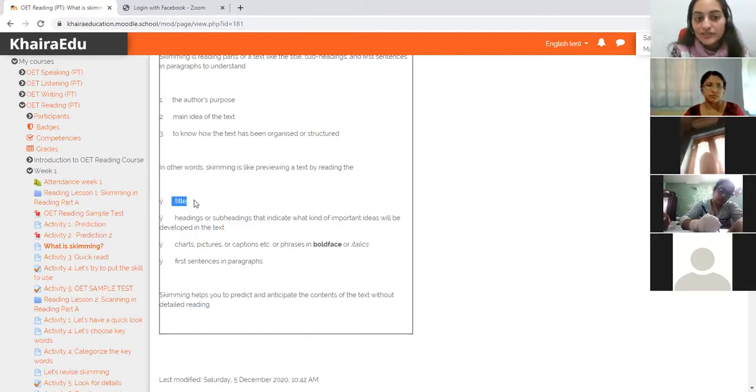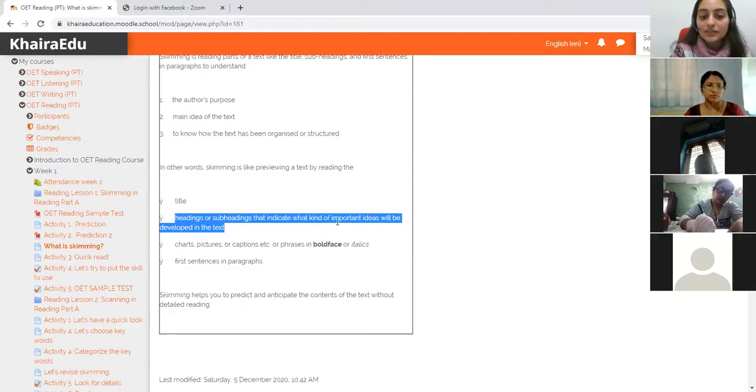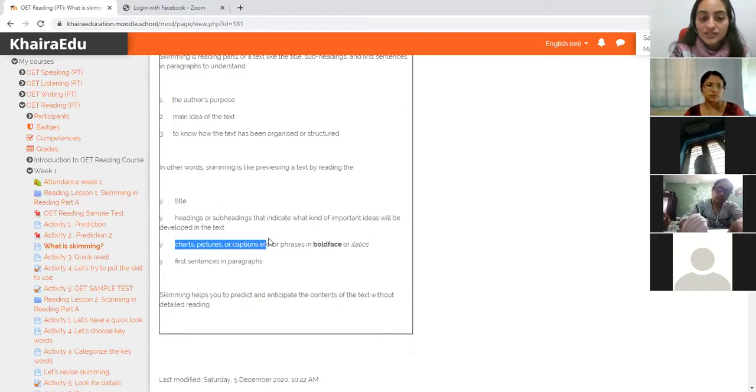Make note of these things that you need to remember. The title. Headings or subheadings that indicate what kind of important ideas will be developed in the text. Then charts, pictures, captions, and phrases in bold or italics.